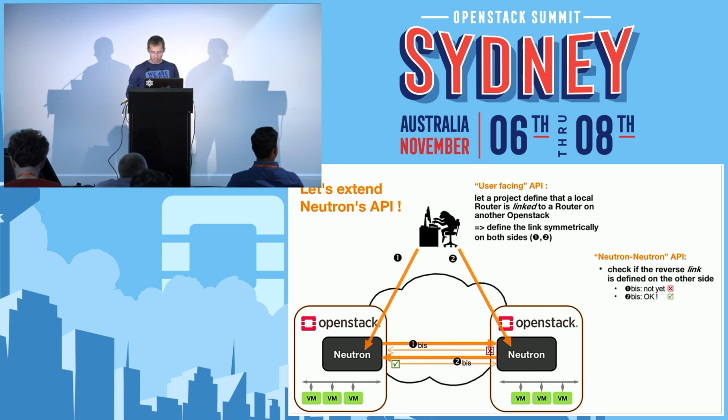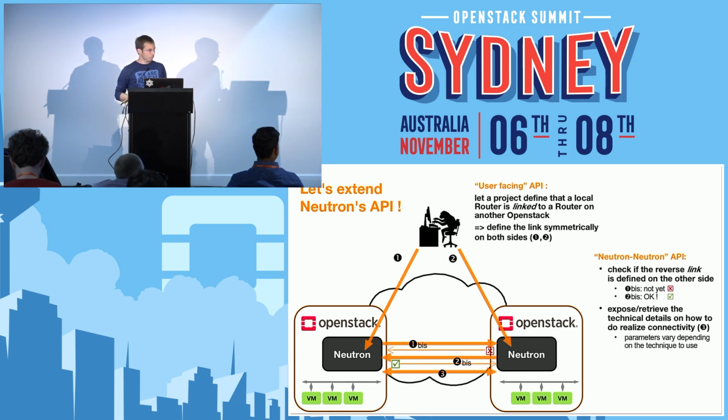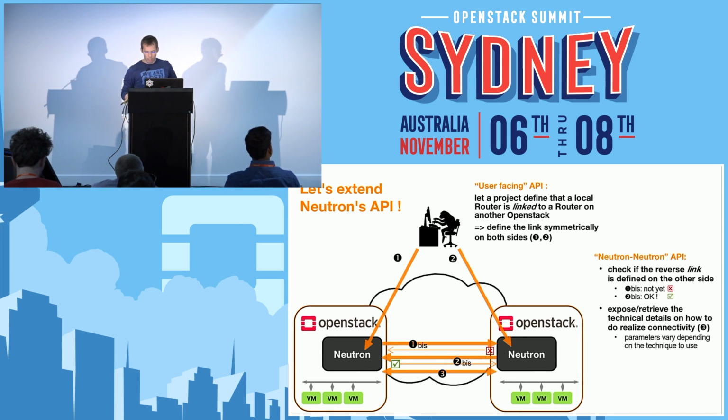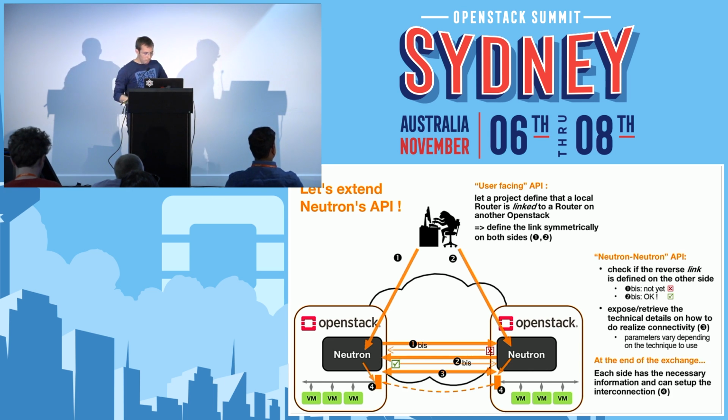The same API is then used to retrieve the technical details, technical identifiers most often, which will be used to realize connectivity. The parameters that we will find in these exchanges will depend on the technique to be used, and I will talk about this more later. But the key point is that at the end of the exchange, each side has the necessary information to set up the interconnection.